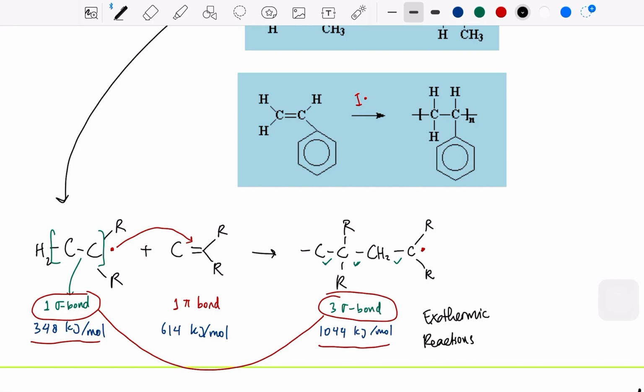Which means the reaction is spontaneous. Okay. That's supposed to give you some sense of why it's highly reactive.